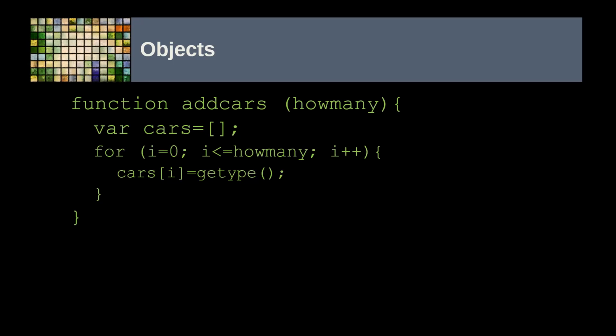Because we're counting from 0 to however many cars we want, and that's a parameter we're bringing into this function, all of those examples of car are going to get some value that's coming from get type in it. So you'll have cars[0] equal to something, cars[1] equal to something, cars[2] equal to something, all the way up to however many. That gives you a syntax example of initializing an array.